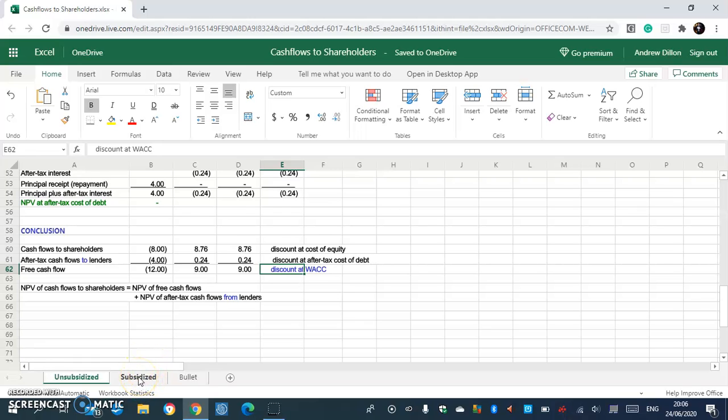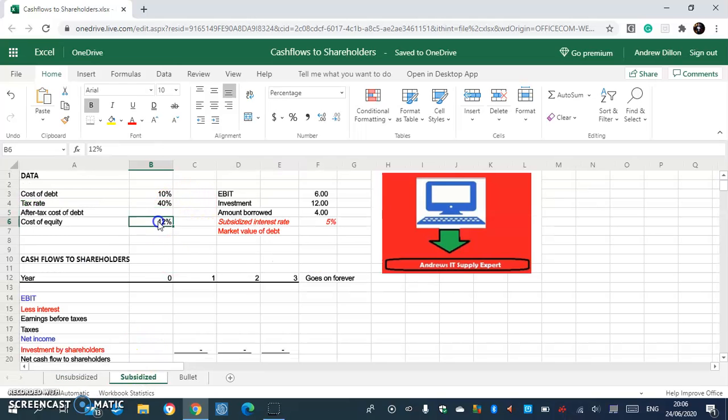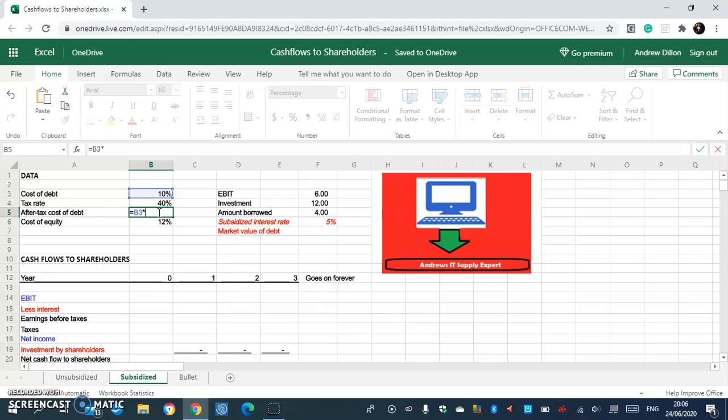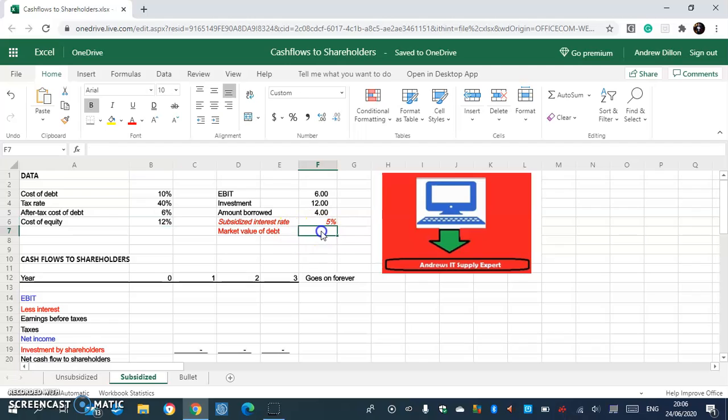Now let's move on and go into the subsidized spreadsheet. Yes, so I have to find a percentage for after tax cost of debt. Here is how you find the appropriate answer. Now I have to find the market value of debt.